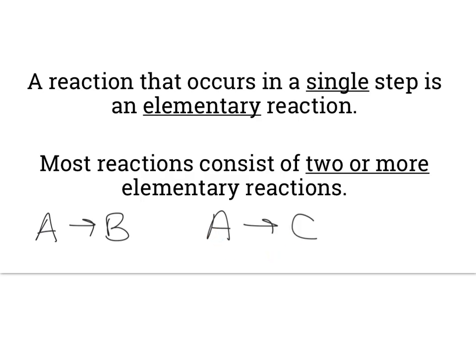Maybe A first goes to B, and then goes to C. So that, yes, overall, A technically goes to C, but that's not really the full story. So each of these would be considered an elementary reaction, and A going to C consists of two elementary reactions. This is actually what normally happens, though there are many that do just go in one reaction. A lot of them are in multiple.